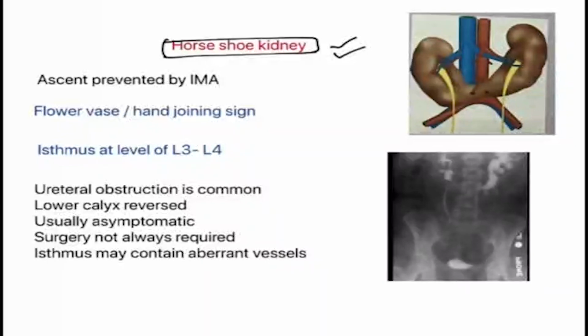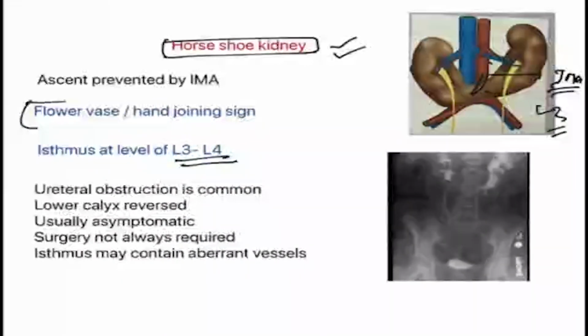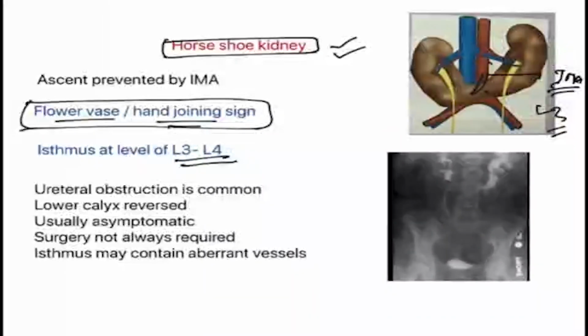Now coming to the horseshoe kidney, which is the fusion abnormality, incomplete fusion abnormality. So lower poles of the kidneys are fused and the ascent was prevented by the inferior mesenteric artery, which is at the level of L3 to L4. Radiologically, there is flower vase or hand joining sign.